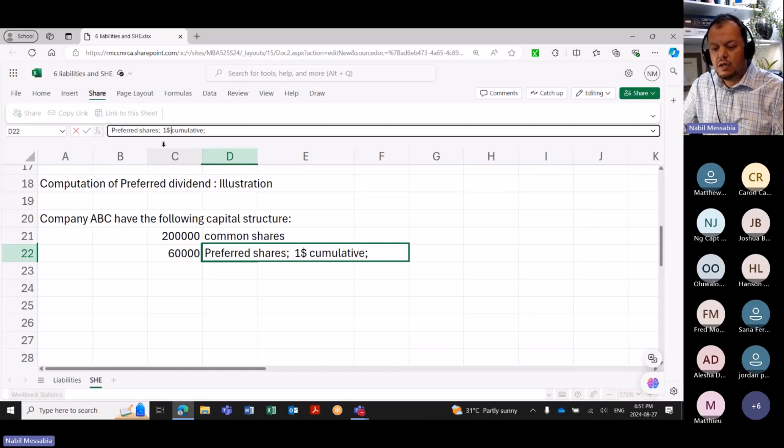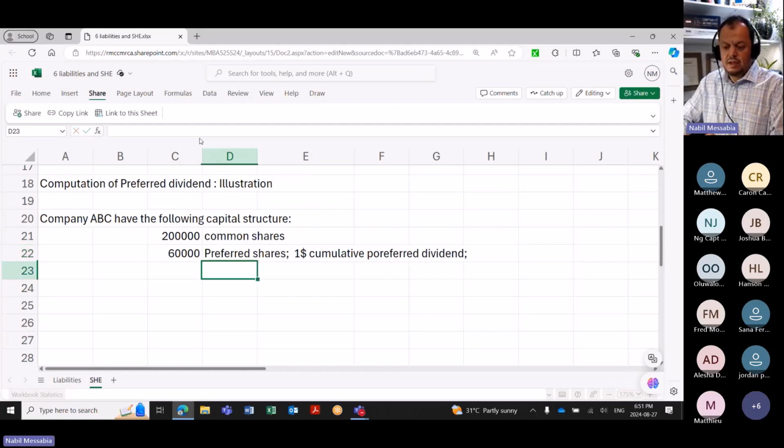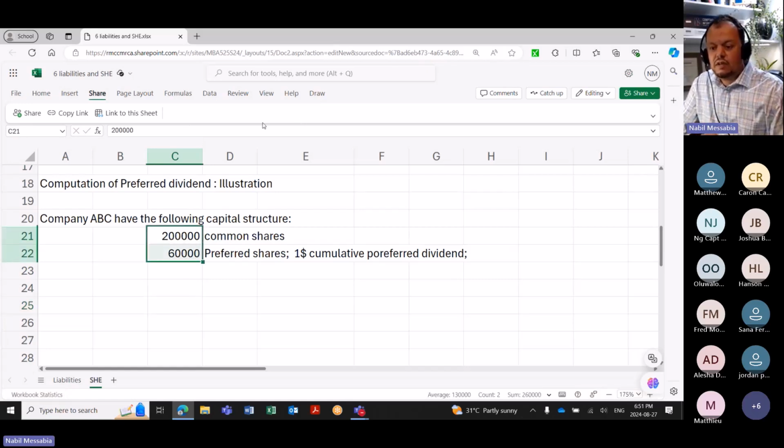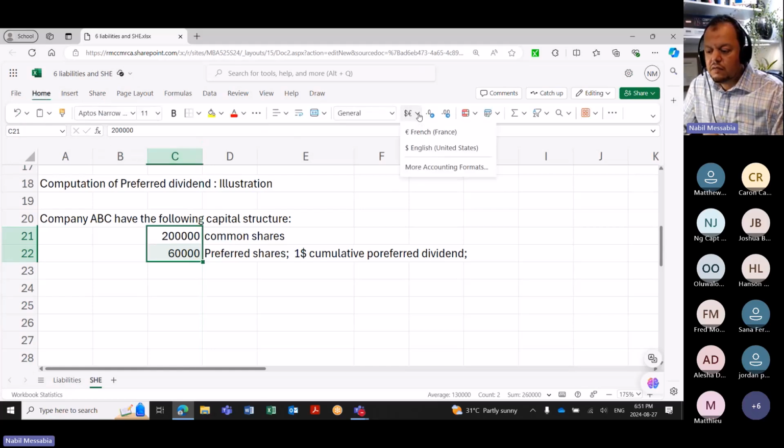Okay, so this is in the charter of the company. So this is not something that changes every year. This is the rules. Let me change the format here.